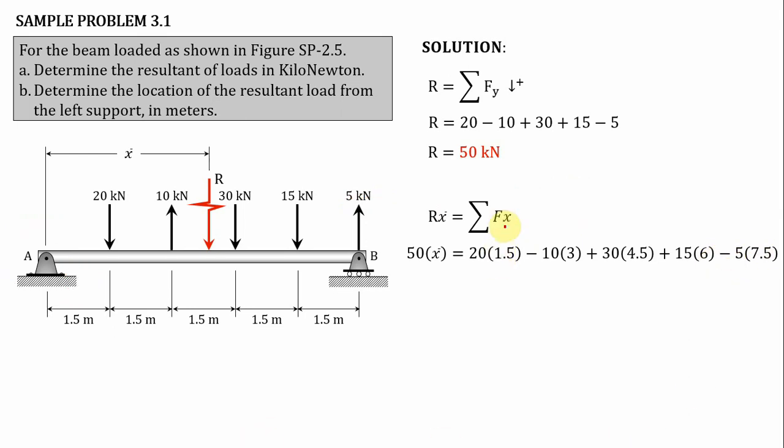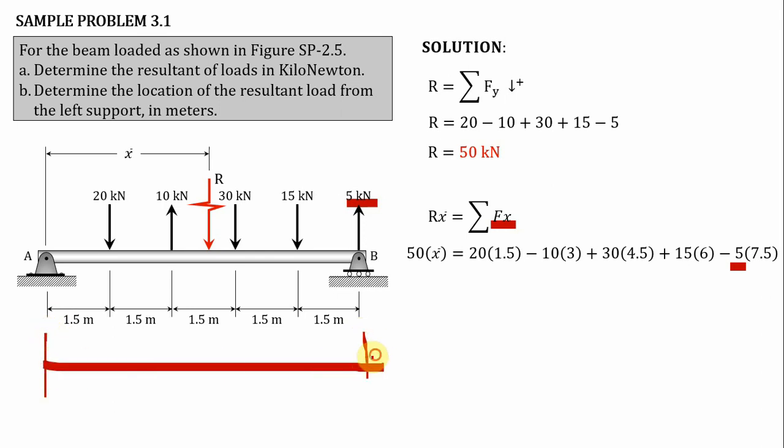Force times distance. So ang force is 5 kilonewton times what is the perpendicular distance or the moment arm of the 5 kilonewton. Ito yung distance na ito. So 1.5 plus 1.5 plus 1.5 plus 1.5 plus 1.5, that is equivalent to 7.5 meter. So that's why 7.5 din, class.